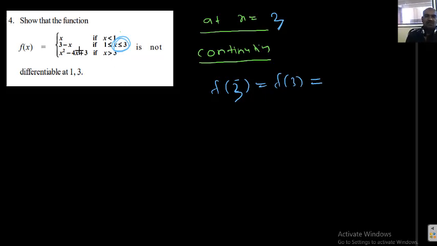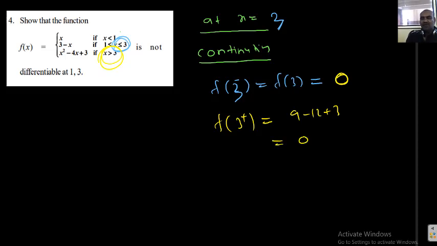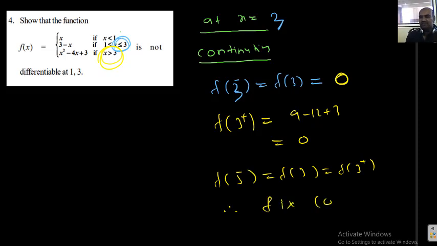Put x equal to 3 in that rule, we will get 0. f of 3 plus I want, students. Now, in this rule, put x equal to 3, what will we get? 9 minus 12 plus 3, that equals 0. f of 3 minus equals f of 3 equals f of 3 plus. Therefore, f is continuous at x equal to 3.